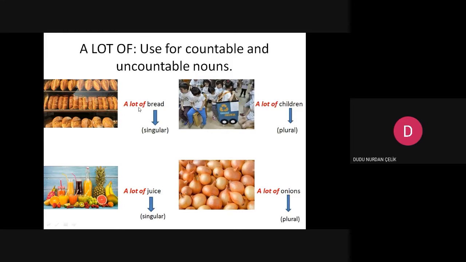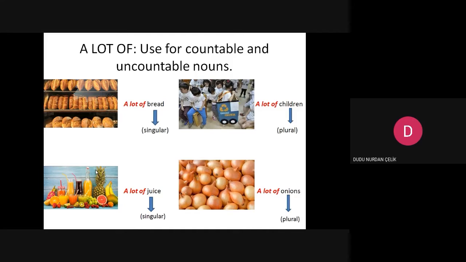So, when we use bread with the quantifier a lot of, we use it singular, not plural. Not a lot of breads, but a lot of bread. Juice is also uncountable because it's a kind of liquid. Liquids are uncountable in English.